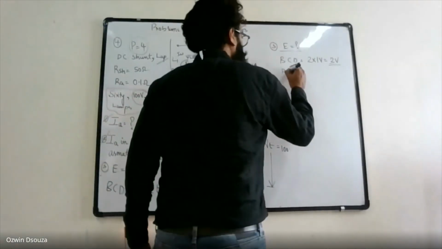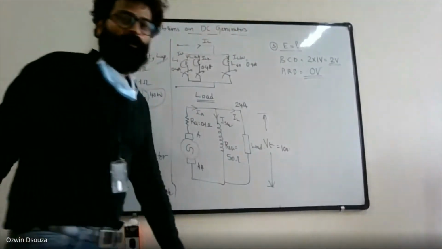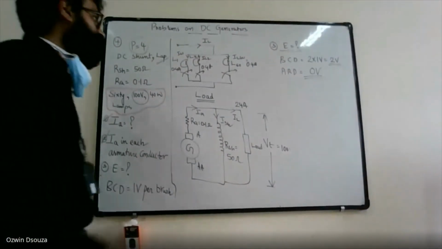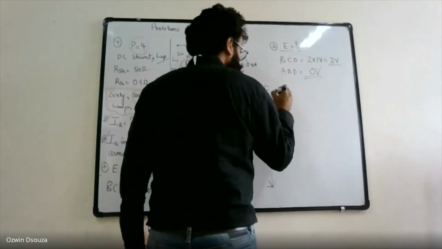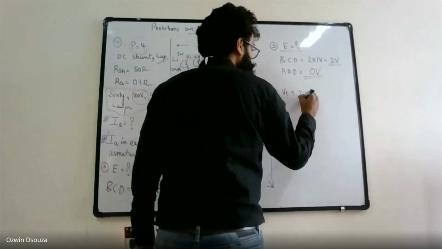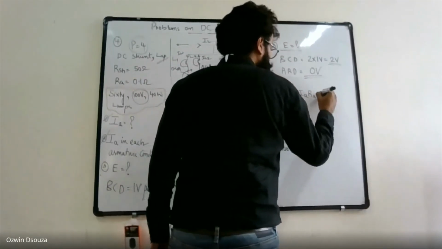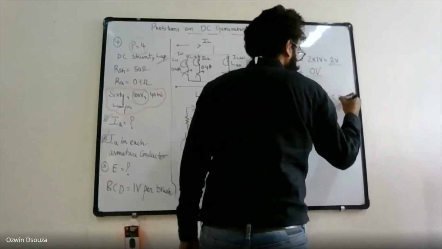And the armature reaction drop. Do we have any information on armature reaction drop? No information, hence 0. Hence you can find the generated EMF: Eg is equal to Vt plus IA RA plus brush contact drop.